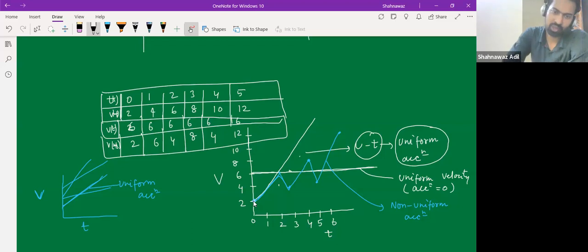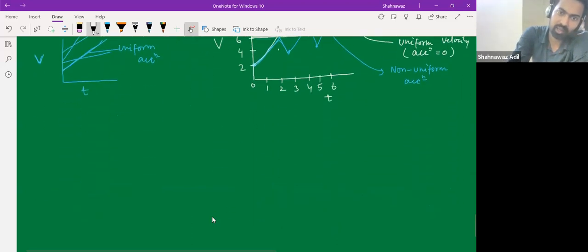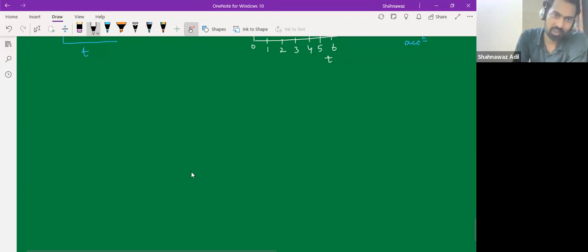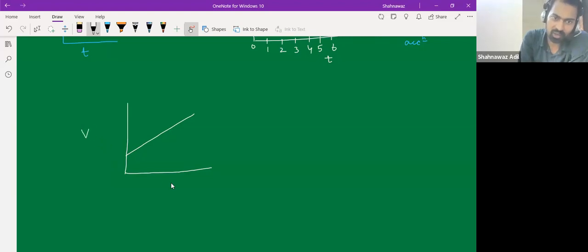Okay, now we can derive the 3 equations of motion. But before we do that, we need to know about 2 things, right? This is the VT graph, and you can see that this is time equals 0 seconds, and let's say this is time equals t seconds. This is 0, this is t. At 0, what is the initial condition that we had?